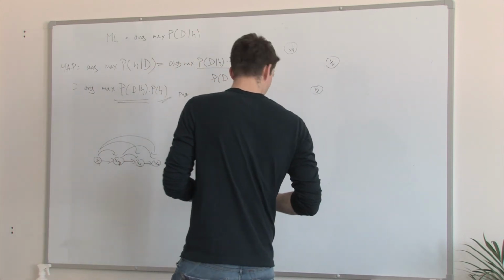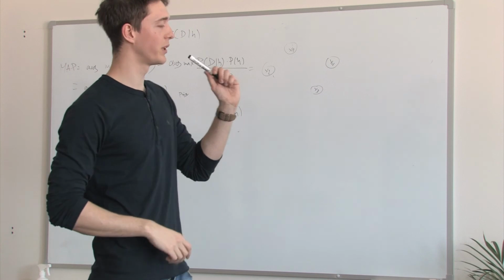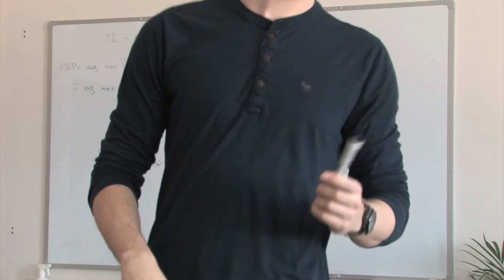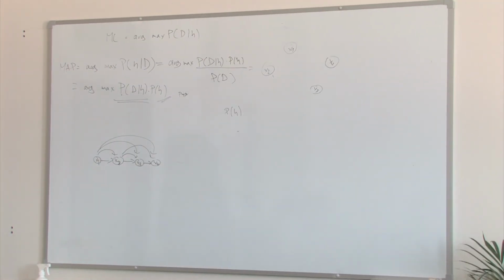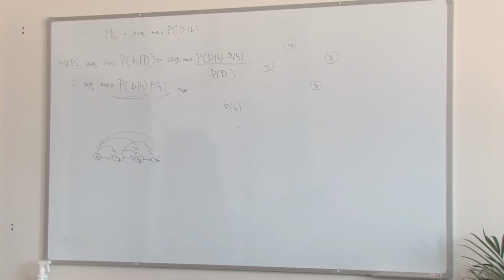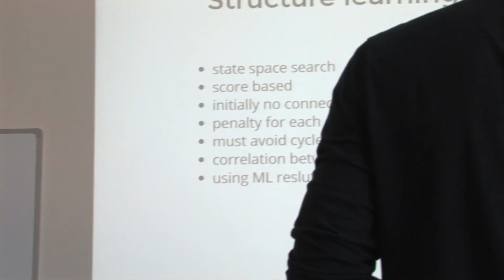And you can set it in a way that it penalizes the Bayesian network for each edge that this graph has.